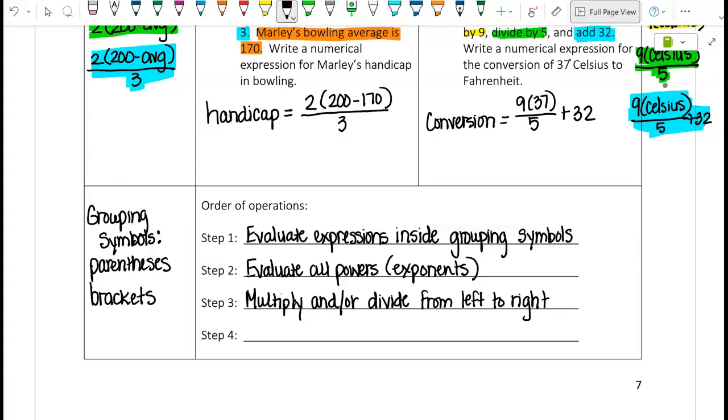And then step 4 again is going to bring in the other inverse operations. We're going to add and or subtract from left to right.